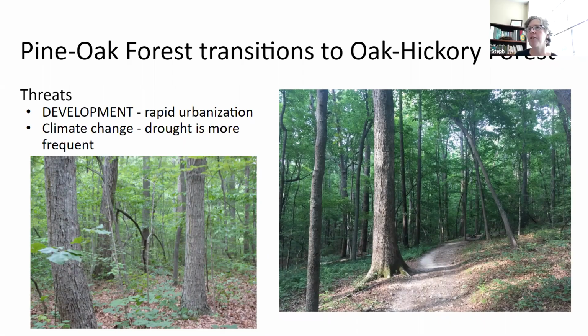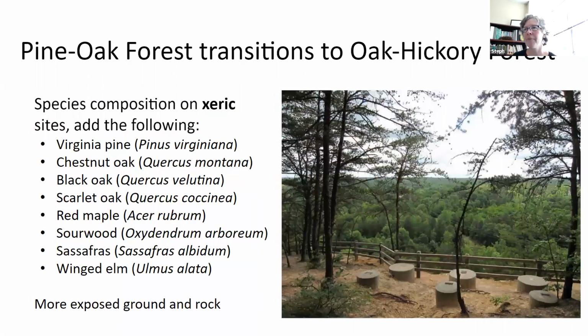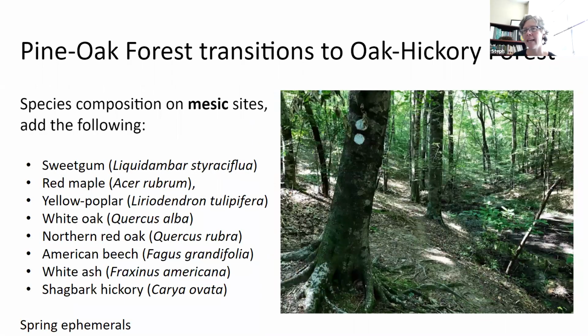And I want to go back just a little bit, right? So remembering that pine oak forest transitions into oak hickory forest. So all those species that I showed in the understory, right, on mesic sites, sweet gum, red maple, yellow poplar, white oak, northern red oak, beech, ash, and shagbark hickory, those species become canopy trees over time as the pine oak forests, right, the pines start dropping out.